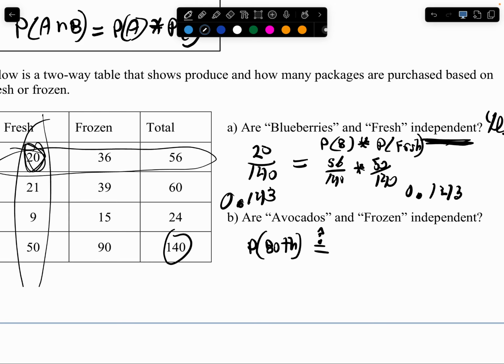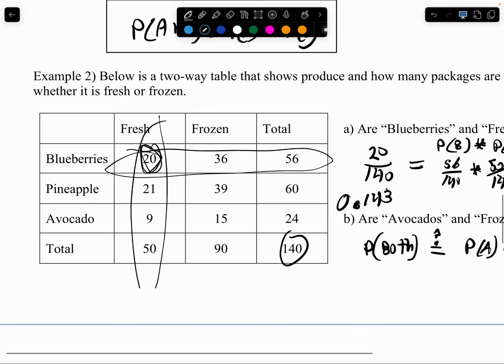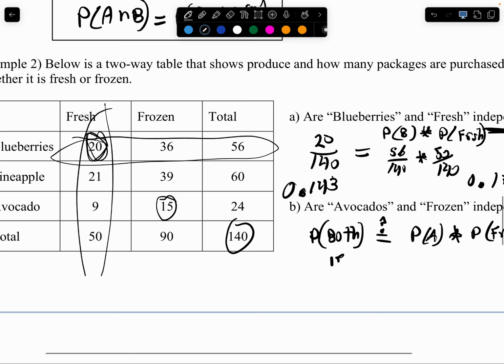We're doing the test to see if they're equal. Probability of avocado times probability of frozen. Right? Probability of avocado and frozen is 15, I think, over 15 over the total, 140. Is it equal? Put a question mark.